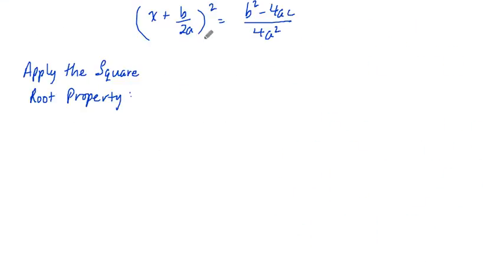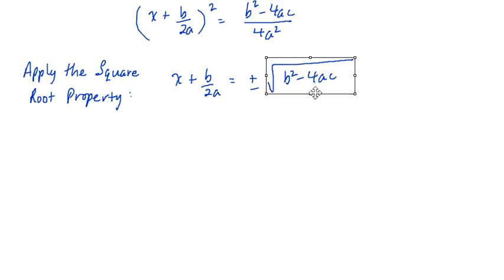So I've copied that last step up here. Now we apply the square root property, and therefore x plus b over 2a equals plus or minus, don't forget from the square root property, the square root of b squared minus 4ac all over 4a squared.